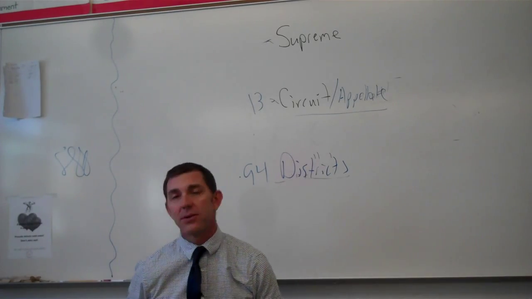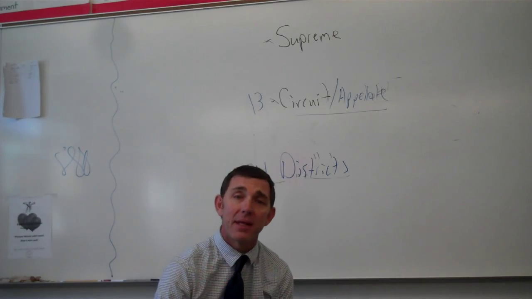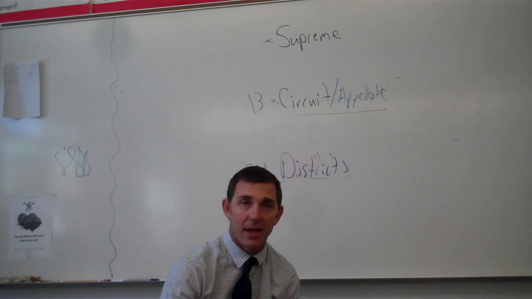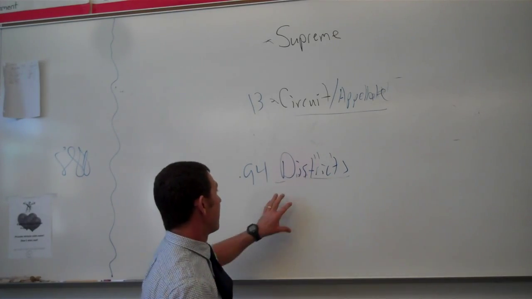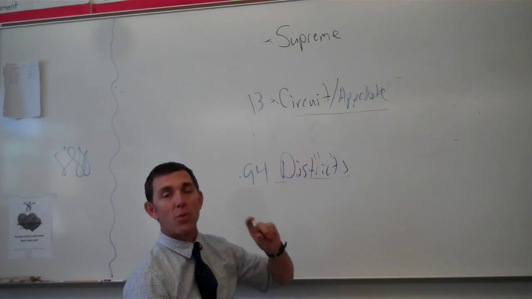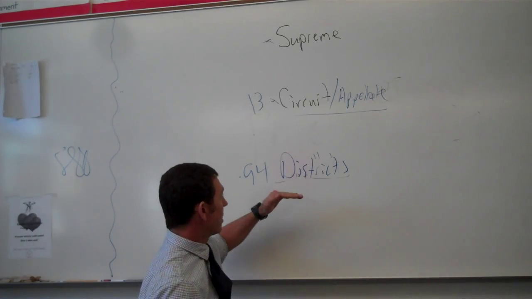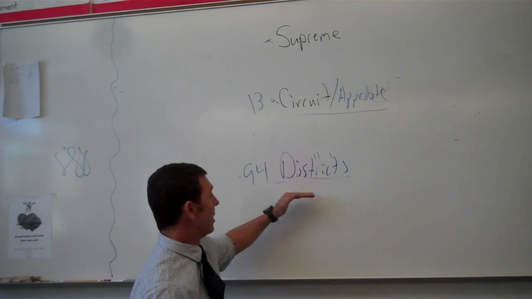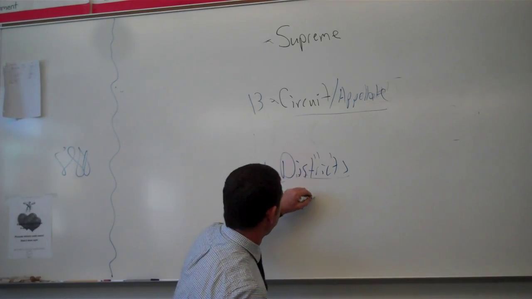A couple of things too: you have to understand jurisdiction. Jurisdiction is the ability of a court to hear a case, and each of these has a different type. The district courts have original jurisdiction, which means all federal cases in which the federal courts have jurisdiction will start here, in its original jurisdiction.